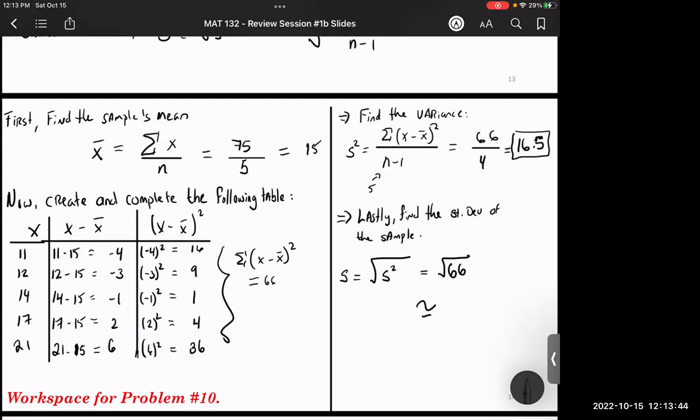If you do the rounding, approximately the square root of 66 is equal to what? The rounding, by the way, is 2 decimal places.